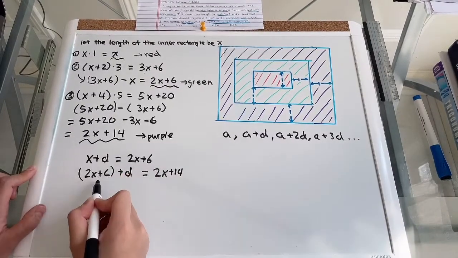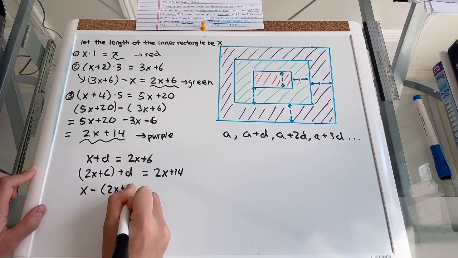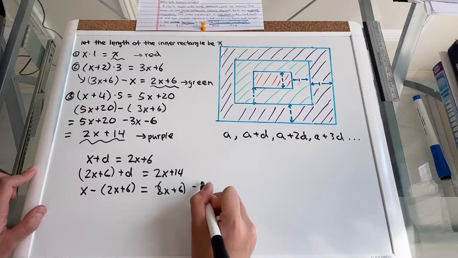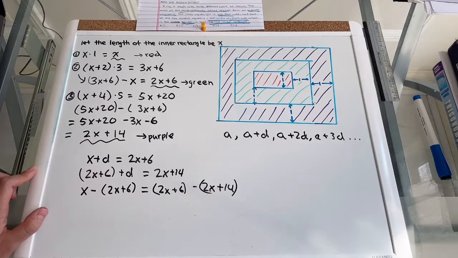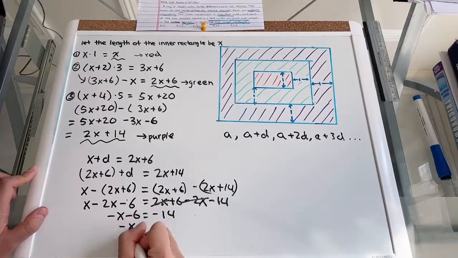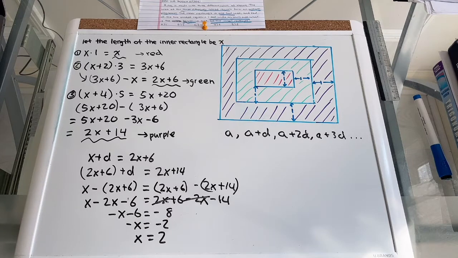So we would subtract these two equations, and we would get x minus (2x plus 6) equals (2x plus 6) minus (2x plus 14). Now we can simplify, and then we can see that x equals 2. The answer would be 2.